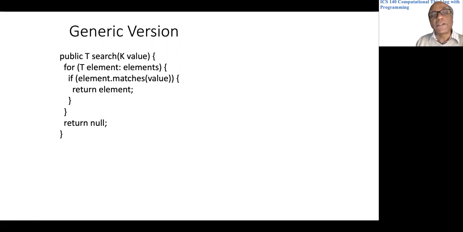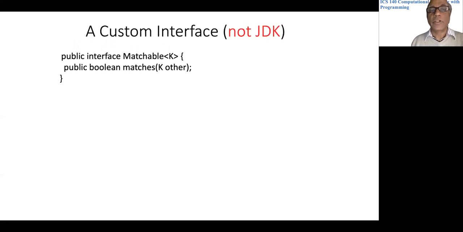And it should implement the matches method for parameter K. Once again, this type T that is stored in the collection in item list must have the matches method declared because we are writing element.matches and element is of type T. So T should have the matches method and it should accept a parameter of type K. So any object of type T stored here should have the matches method with type K.